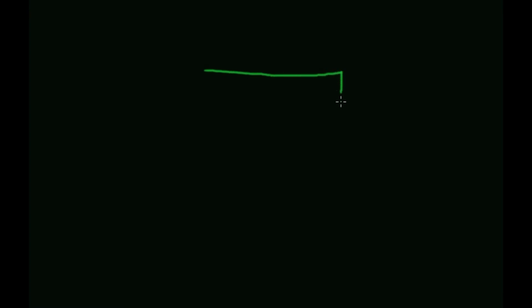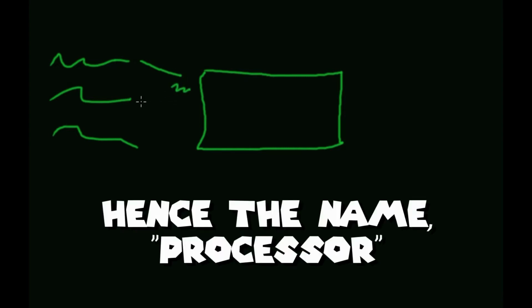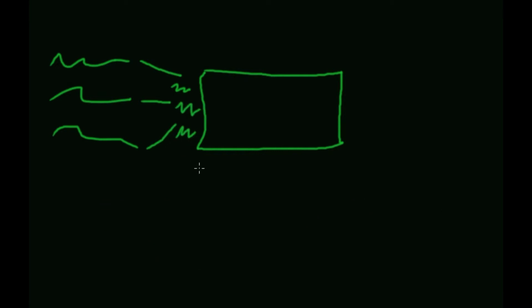So let's say we have a processor here, and over here we have a bunch of instructions. What this processor is going to do is read one instruction, process it, do whatever it says, read the next one, do that, then read the next one, and do that.